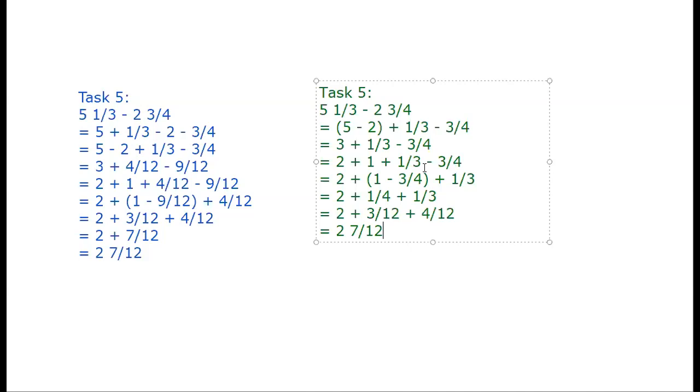Finally, they know how many whole parts are left and the fraction part is left from this task. That they will know even if they go that route. But I think you know why this is helpful. See, if you convert this into improper fraction, that's the standard way.